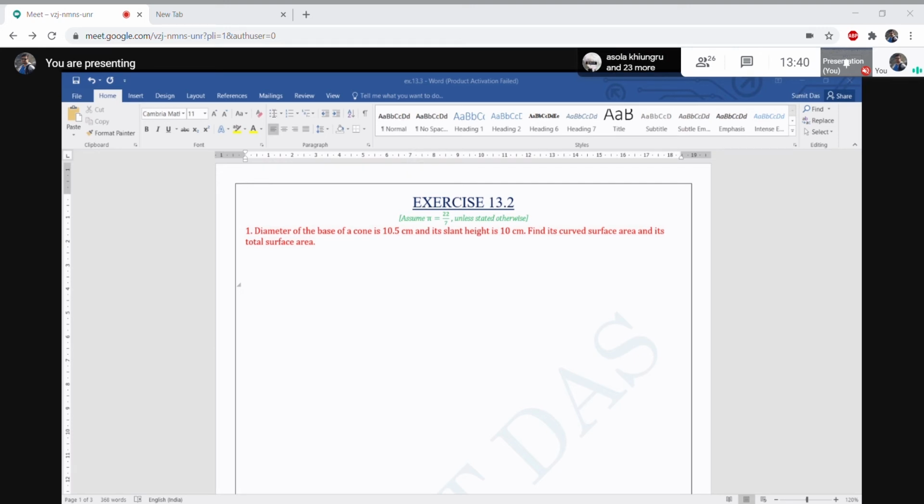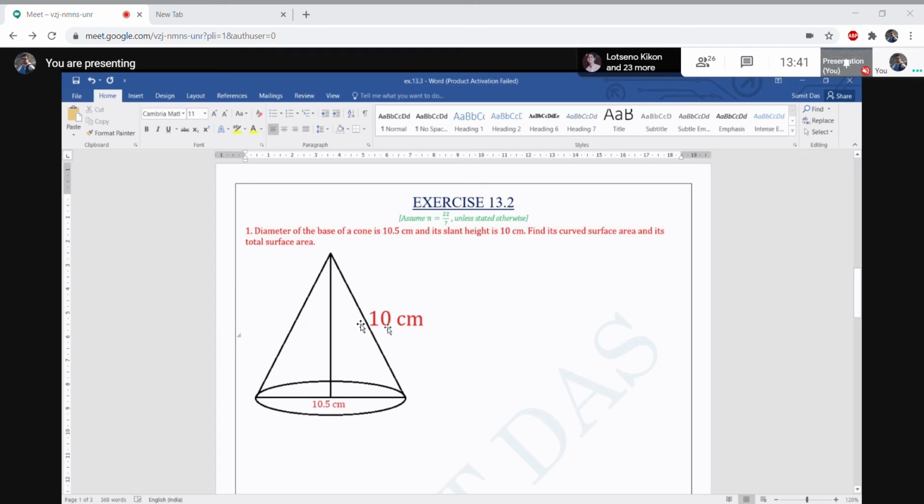I'm giving the diagram for the first question only. Okay, this is your diagram.